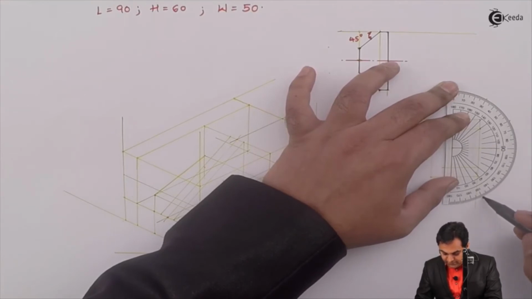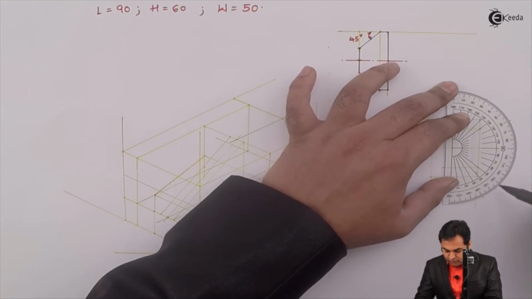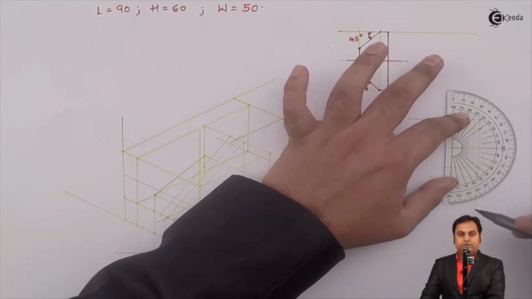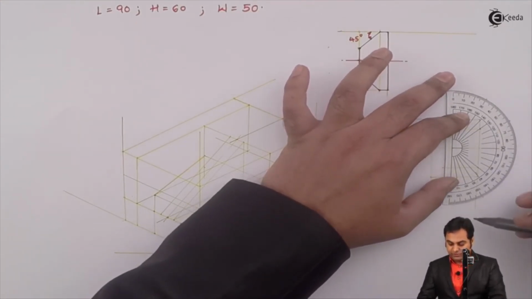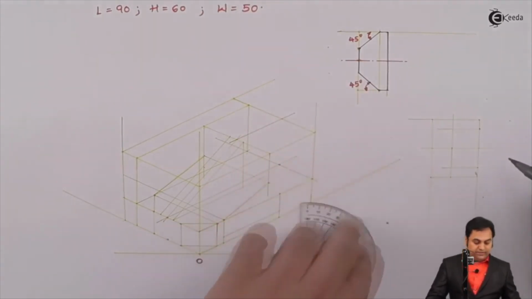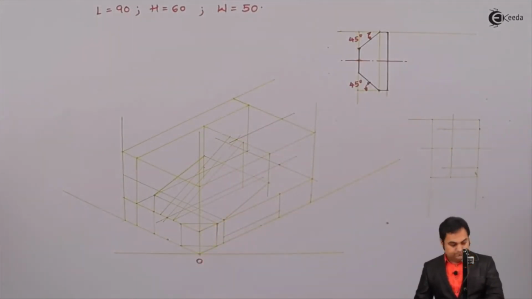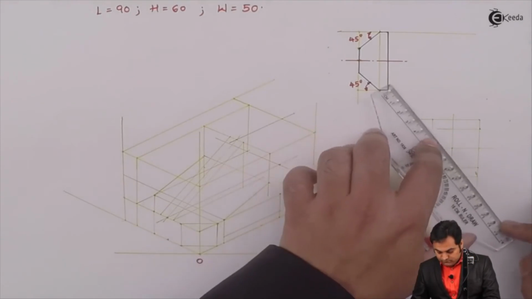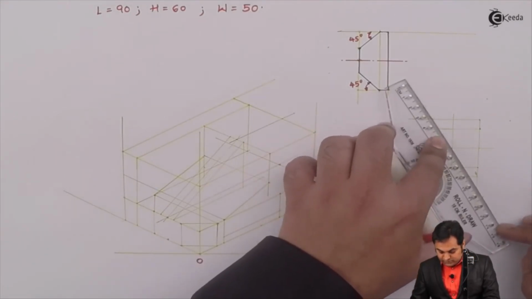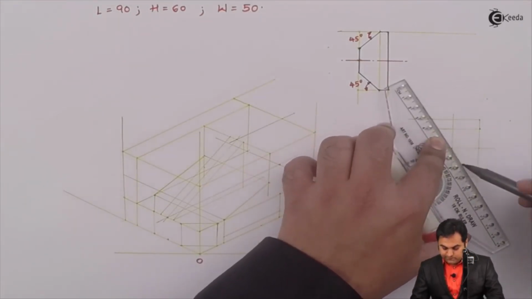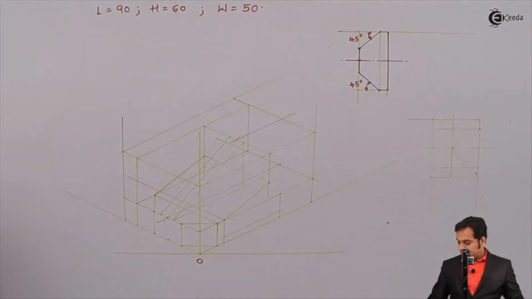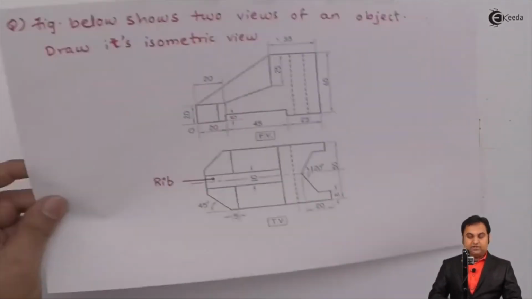So whatever the angle remains in between, that will be 120-degree, because out of this 180, 30 from here, 30 from here, that is 60 has been subtracted. So what remains is 120. Joining these with light lines. Now I will draw this surface dark.